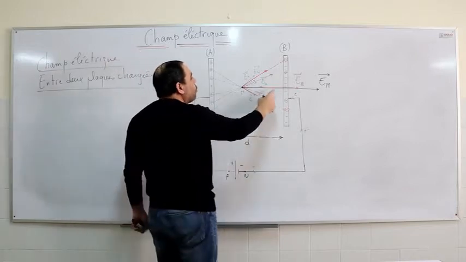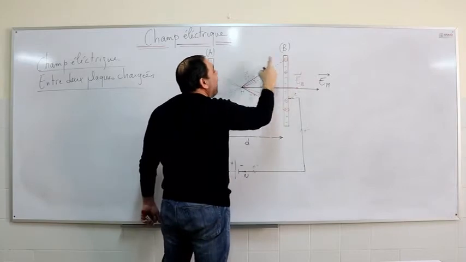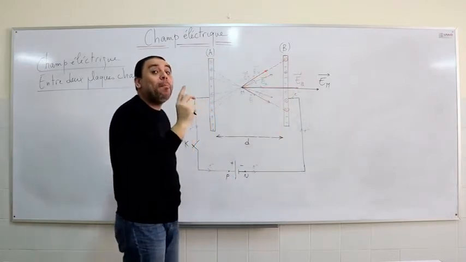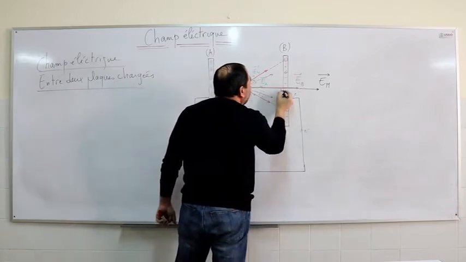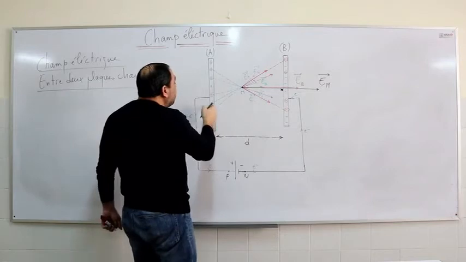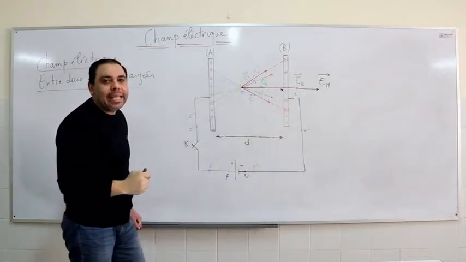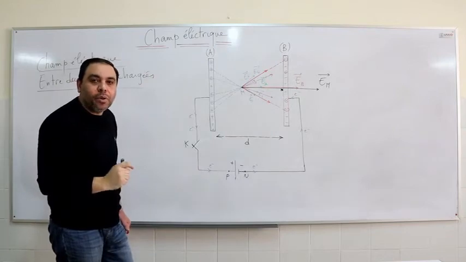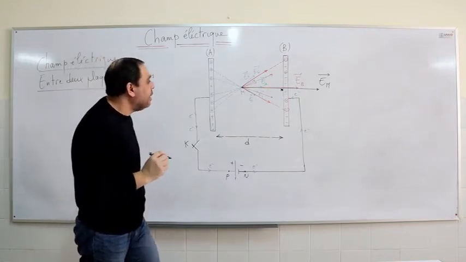Then, the field vector EM created by the two plates is perpendicular to the plates and is directed from the positive plate to the negative plate.